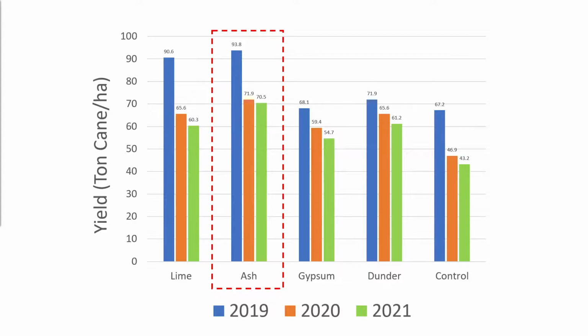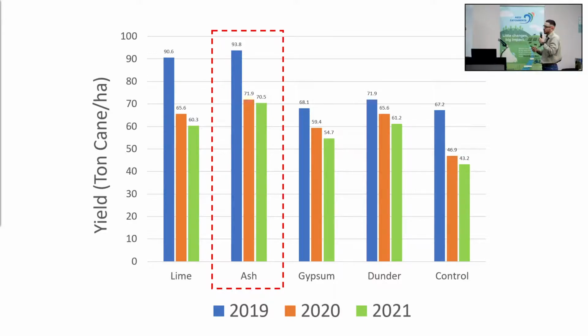The other treatments, well, the gypsum didn't actually show. It was pretty average, very similar to the control. And the danda, we expected it to have a better impact because of its high content of readily decomposable organic matter, but we didn't see a big improvement from the control to the danda in all years across the plots.